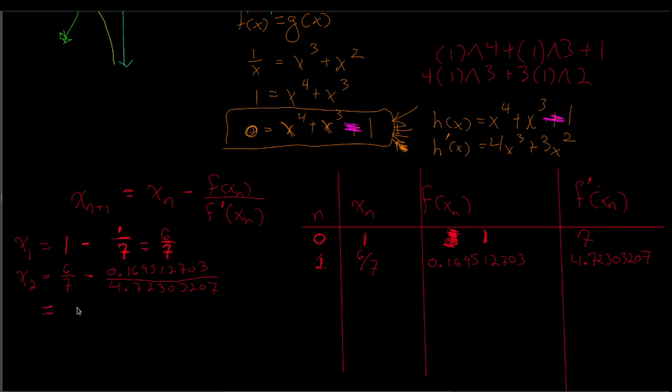And I'm now getting 0.8212522205. And so that's my x sub 2. And I'm going to stop at the third approximation for this.